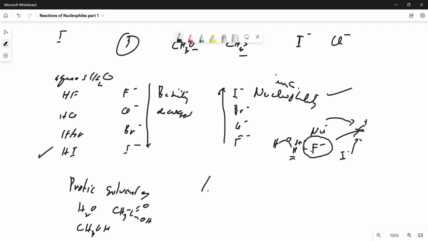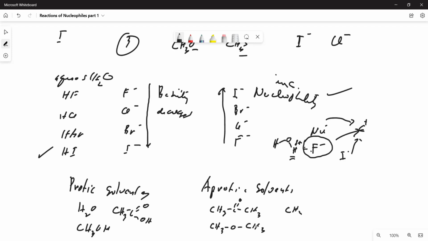So what are aprotic solvents? Of course, obviously, these are solvents that have no acidic hydrogen, meaning the hydrogen is not attached to oxygen, the hydrogen is not attached to nitrogen. So, for example, acetone is an aprotic solvent. There is no hydrogen attached to oxygen or nitrogen. Ether is also an aprotic solvent.